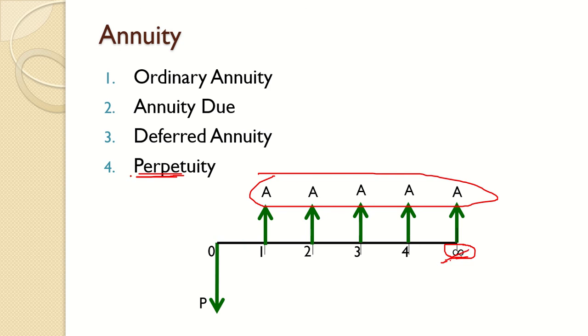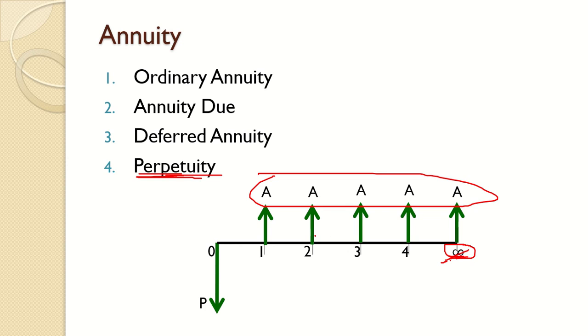But again, there are some cases of perpetuity, wherein the annuity, the payment, might be a payment or might be an inflow, an income, made equally at certain periods, equal intervals of periods, until infinity.